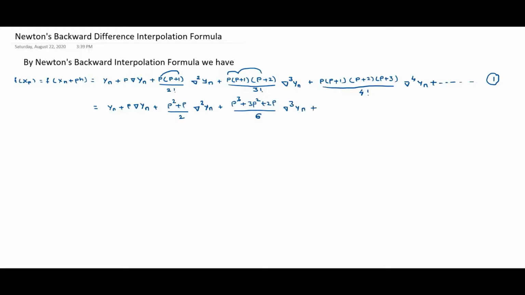plus, now at last multiply p into p plus 1 into p plus 2 into p plus 3.